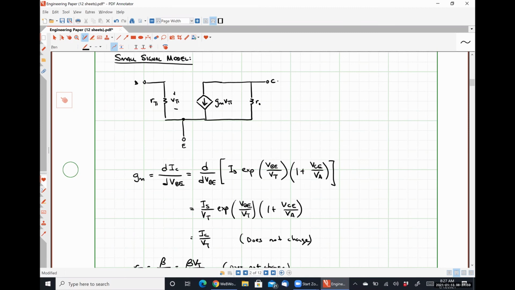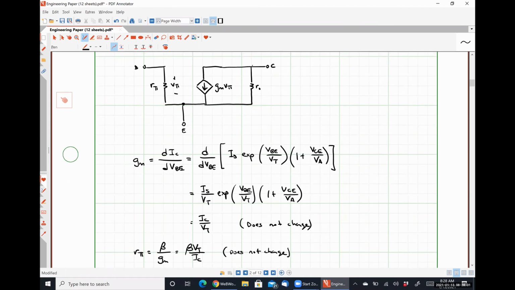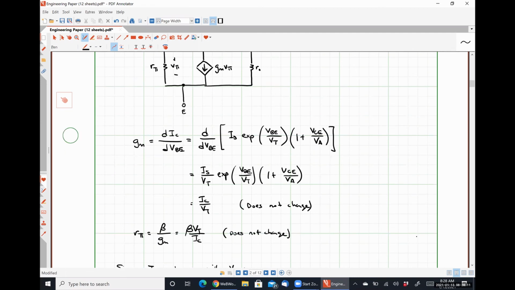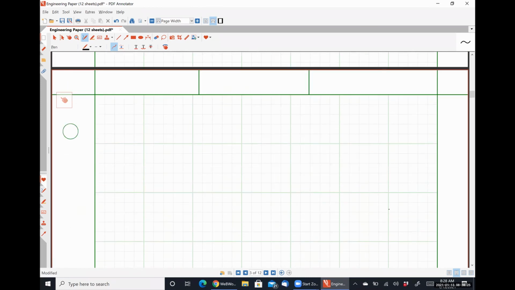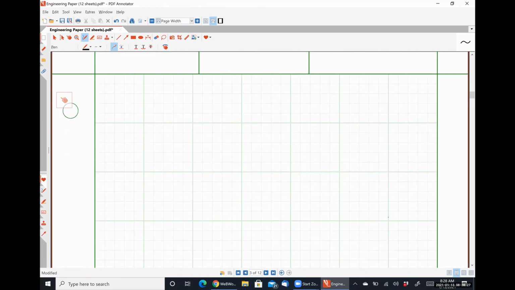Okay, so the early effect winds up placing a resistance here between the collector and the emitter, which again relates the change in the collector emitter voltage to the change in the collector current that's flowing. So with that in mind, let's work an example.